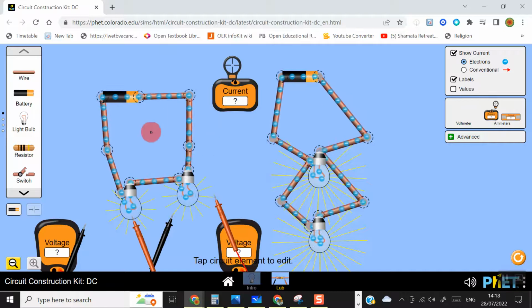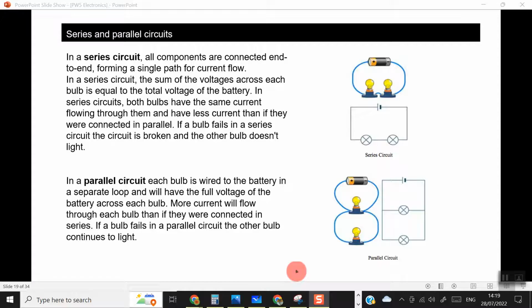So that's what's called in series, and those are some of the characteristics of an in-series circuit. So the voltage across each of the bulbs is going to be half of the total voltage of the battery. Or another way to think about it is if you add up the voltage across both of the bulbs, it'll equal the voltage of the battery.